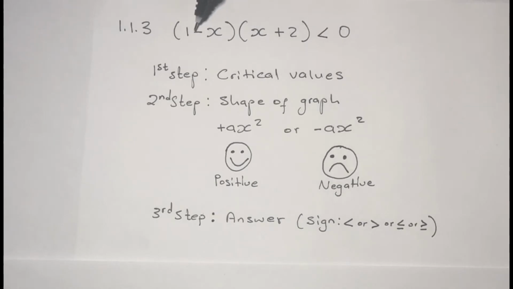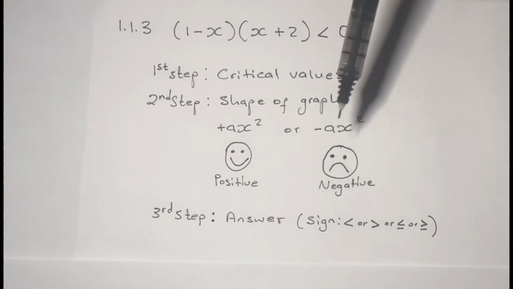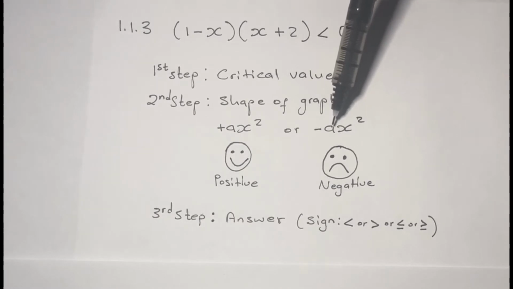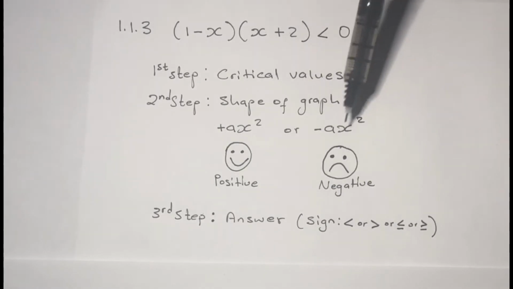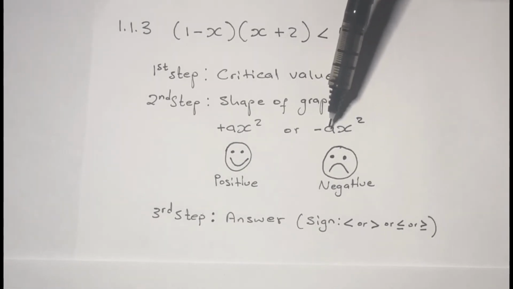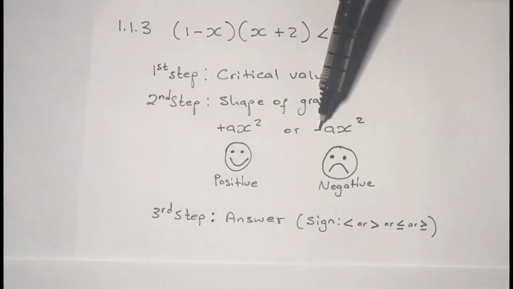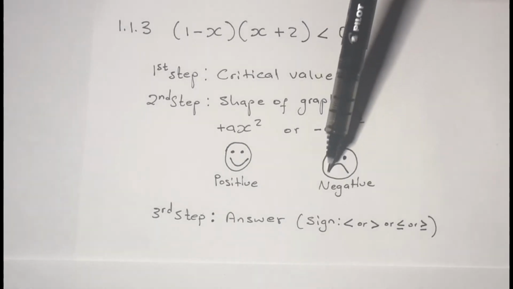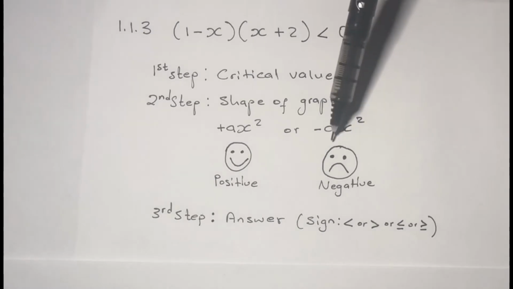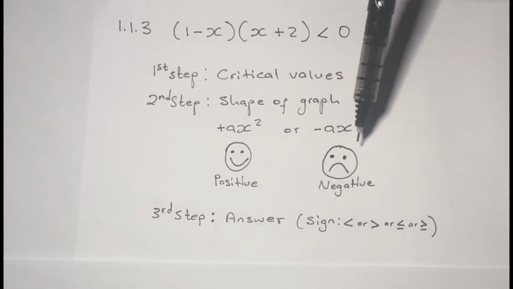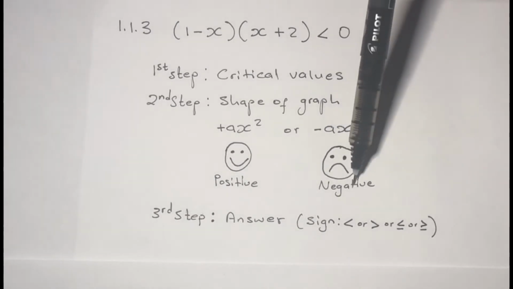So in this case, you'd say negative x multiplied by x, and you get negative x squared, which will be a negative ax squared, your a being 1. So you've got a negative a value, which gives you a sad face shape for this graph because your a is negative.